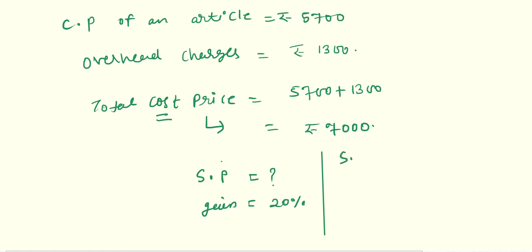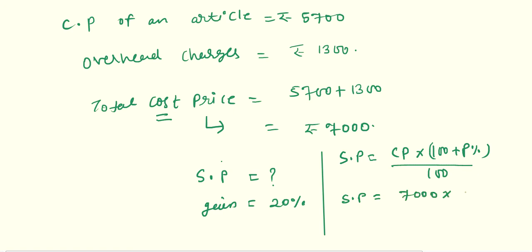So the formula is SP equals CP into 100 plus profit percent upon 100. So SP equals CP, which is rupees 7,000, into 100 plus profit. So you have to write 100 plus 20, not just the percent, because it is already profit percent, upon 100.